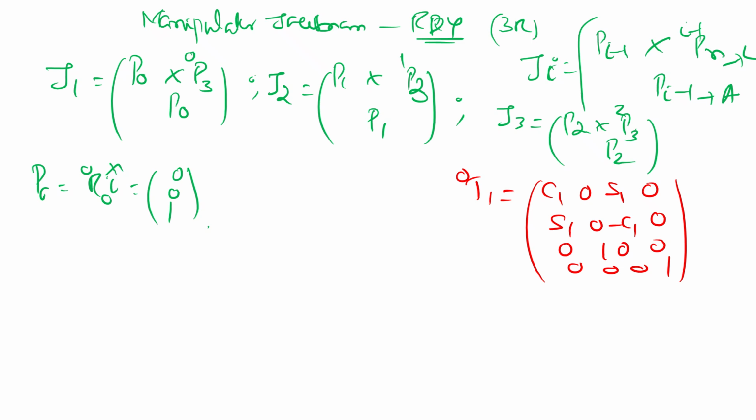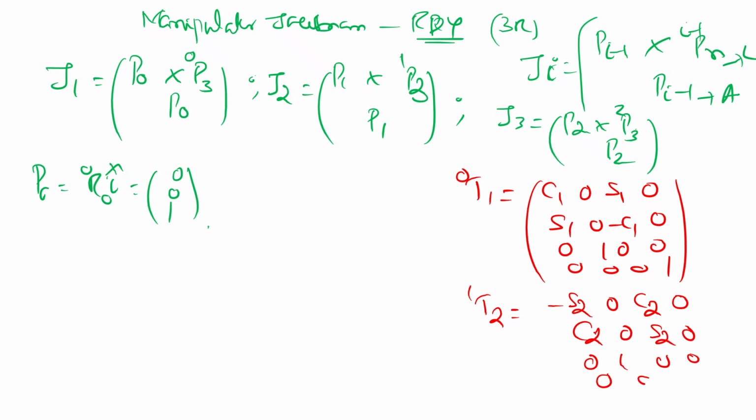Next we will take the next one, which is T21. You have to take the second row of the DH table and substitute it in the DH matrix. So it is minus S2 0, C2 0, C2 0, S2 0, and 0 1 0 0 0 0 1.